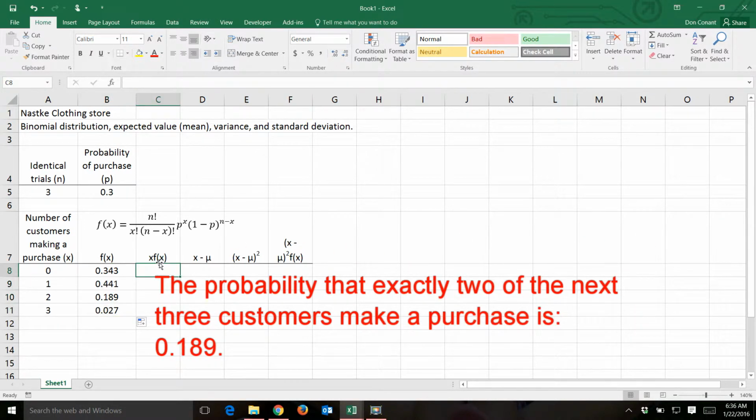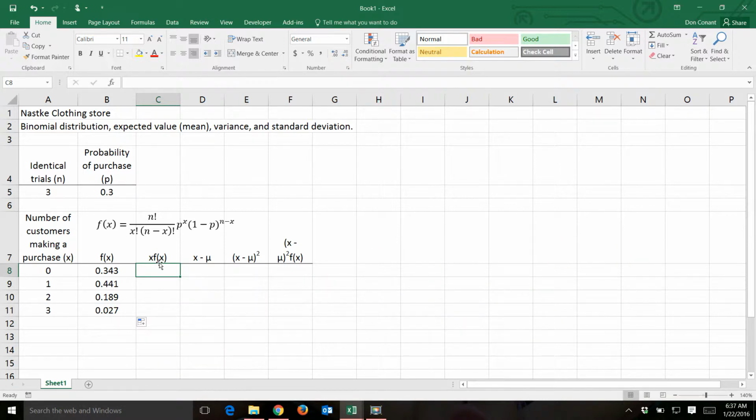I'll go ahead now and use the traditional method to solve for the expected value or the mean, and then the variance and the standard deviation. We solve for the expected value by taking x and multiplying it times f of x, probability of x. I'll copy that down, make these the same size just for ease.